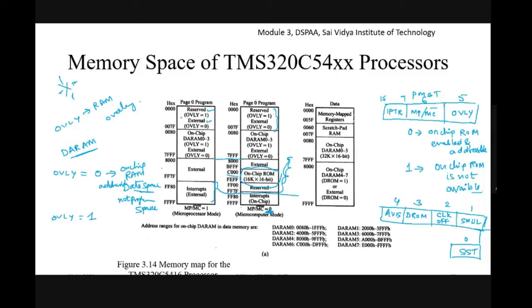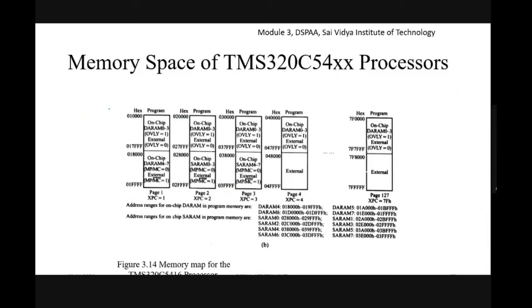Just listen. See here, the next block diagram. These are for page 1, page 2, page 3, page 4, up to 127 different pages. So in these 127 different pages, what is the difference between page 0 and page 1?